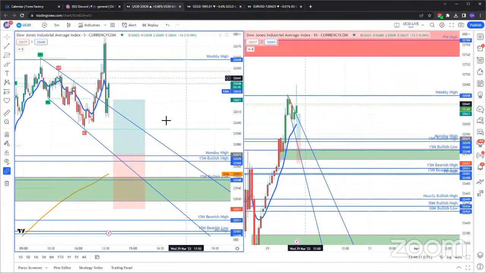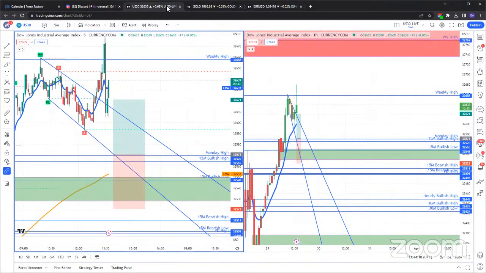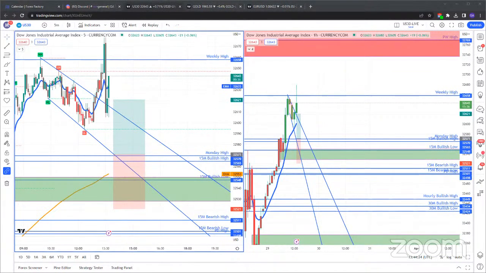So the only trades I'm looking for are this US 30 buy and this EU sell, because I do see a possibility of gold turning bullish.